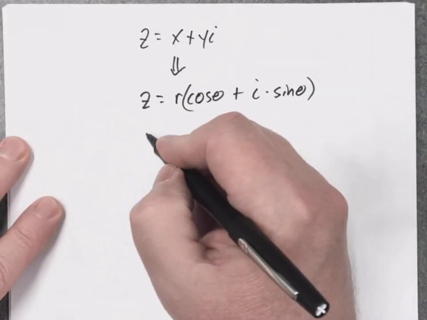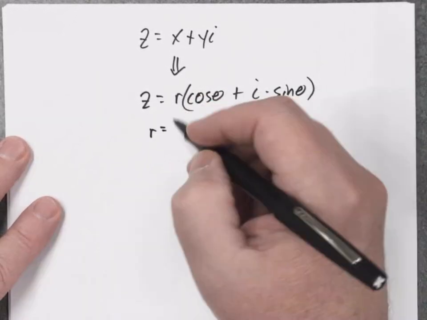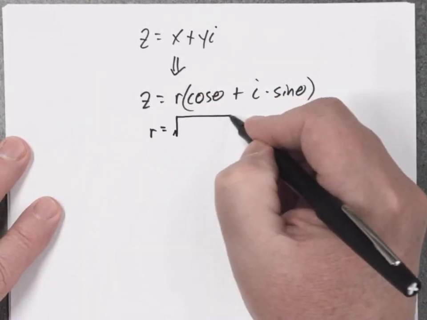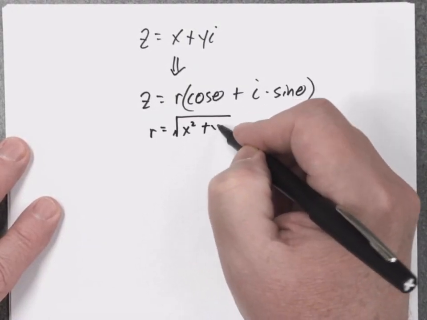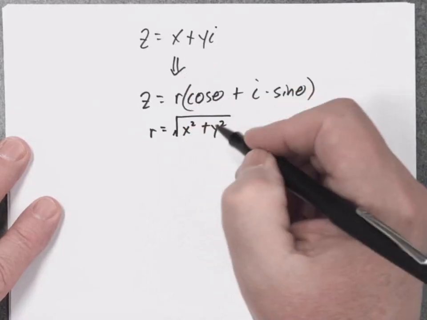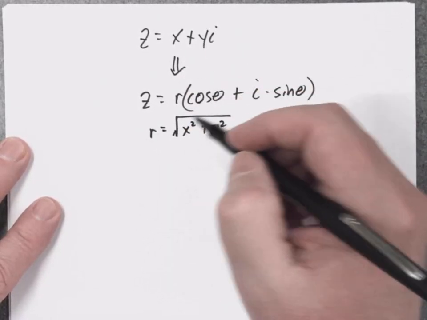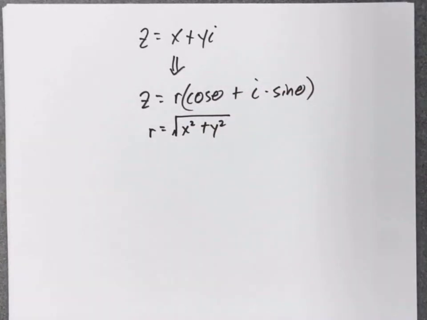So if I want to determine r, you know what r is going to be? The square root of x squared plus y squared. If you look back at your notes for polar coordinates, that's the same exact definition that we had for polar coordinates.